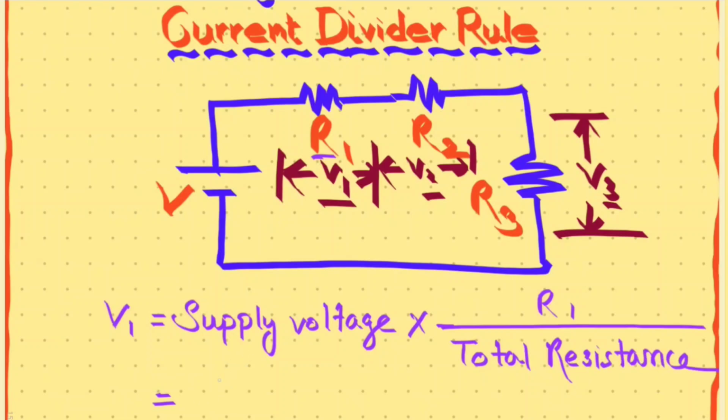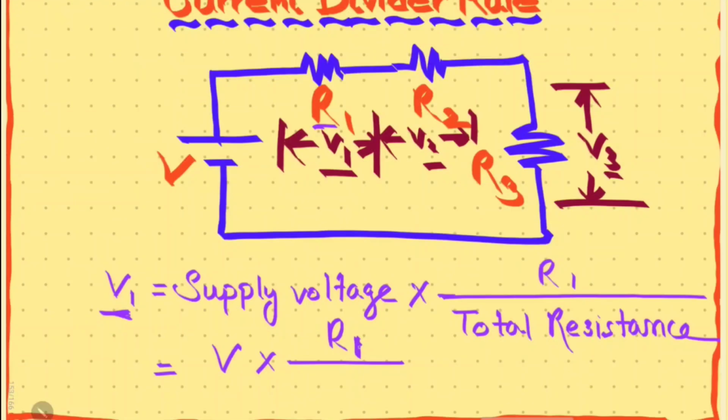Why R1? Because we are calculating V1, the voltage across this resistance. So we write R1 by the total resistance, that will be R1 plus R2 plus R3. By using this, we can find out the voltage across R1.